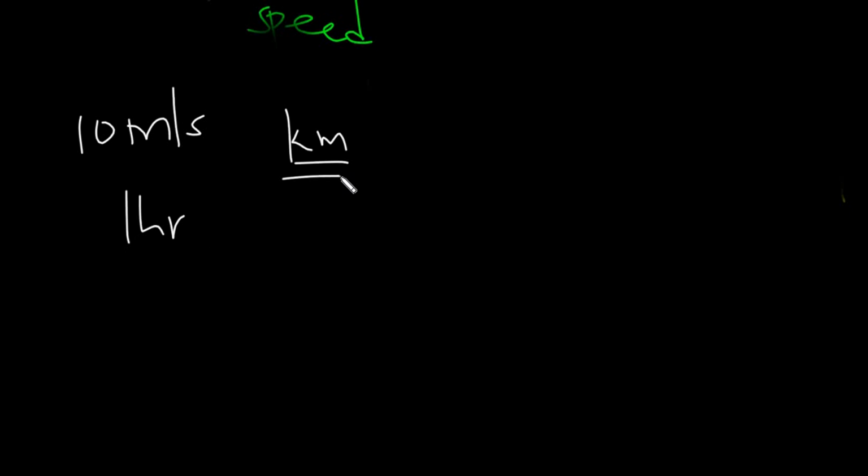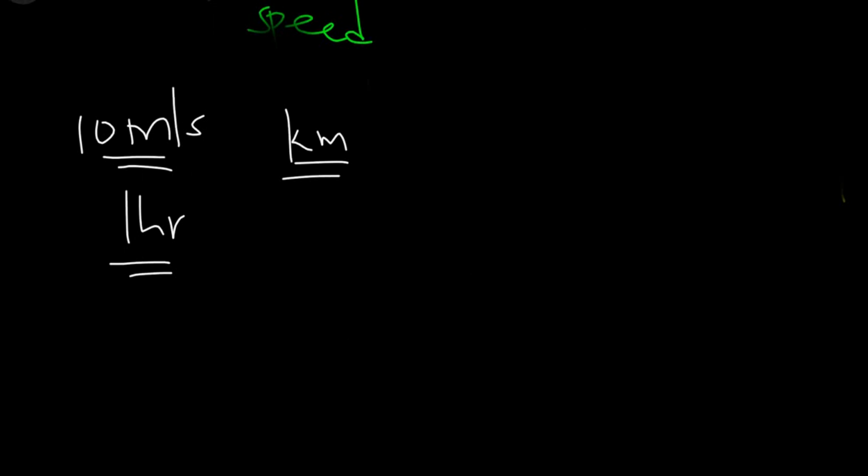Okay, so now to find distance, as we said, we need to multiply the time by the speed. But as you can see, the speed is in meters per second and the time is in hours. So we need to convert either the speed into kilometers per hour or the time into seconds, and then we can later on convert the distance to kilometers. Whichever way, they will still give us the same answer.